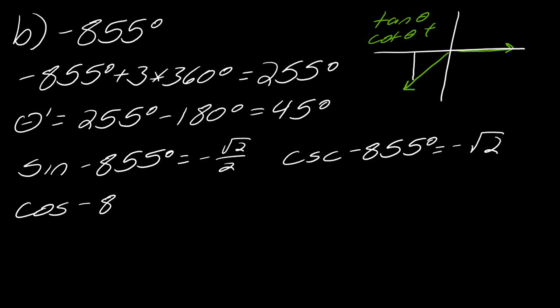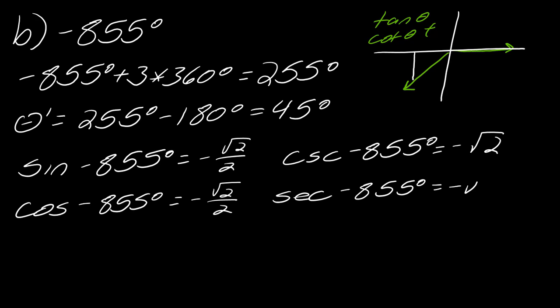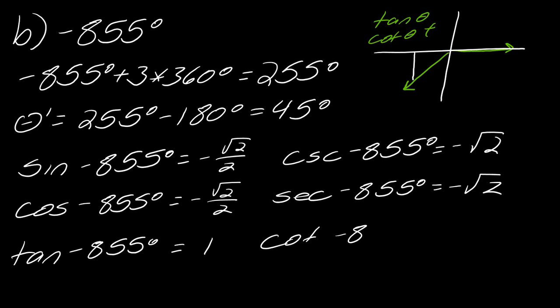Cosine of negative 855 degrees is also going to be negative square root of 2 over 2. And then secant of negative 855 degrees will also be negative square root of 2. But tangent needs to be positive, so this becomes 1. And cotangent will also be positive 1. And so there you have it.